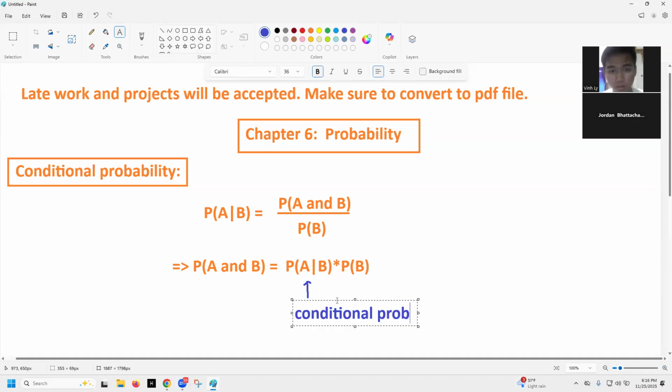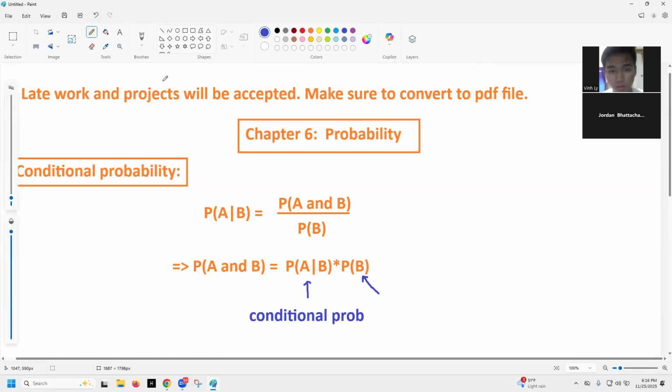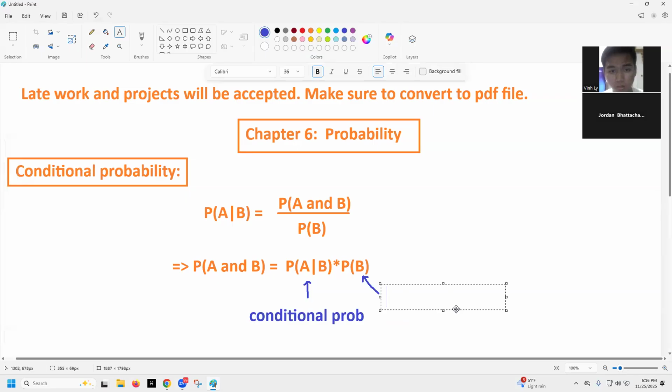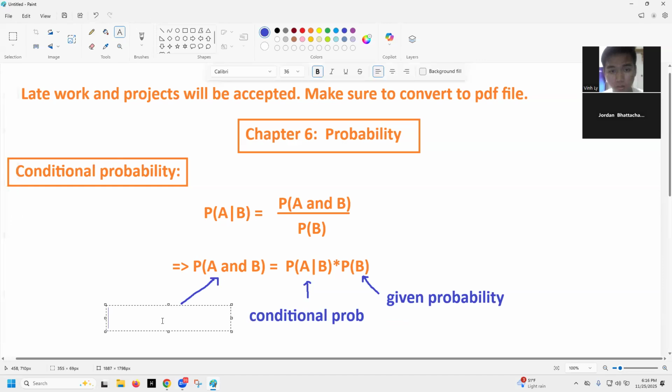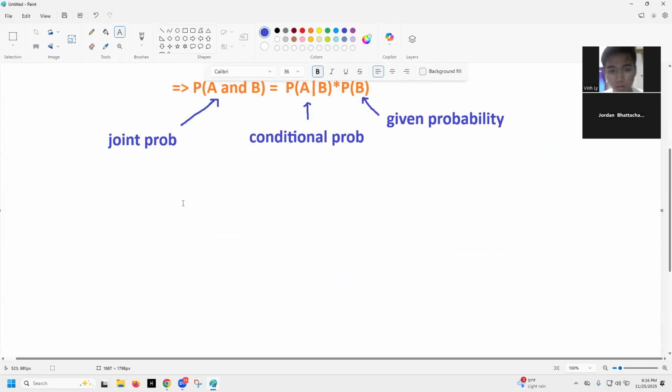And this one we call the given probability. So this is like the joint probability between A and B, right? The joint probability.